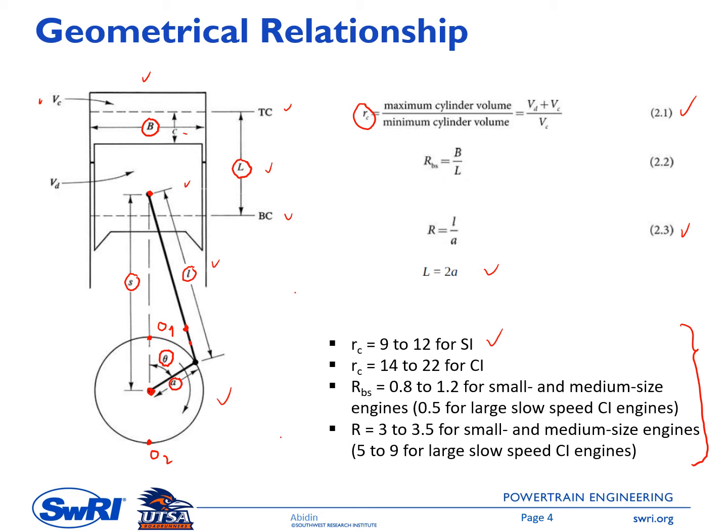And then the next one, this is the range of compression ratio for compression ignition engine, you can call it diesel engine. We know that the diesel engine doesn't have any issue with knocking, so we can push up this compression ratio. The range right now is between 14 and 22. This upper range might be too optimistic.